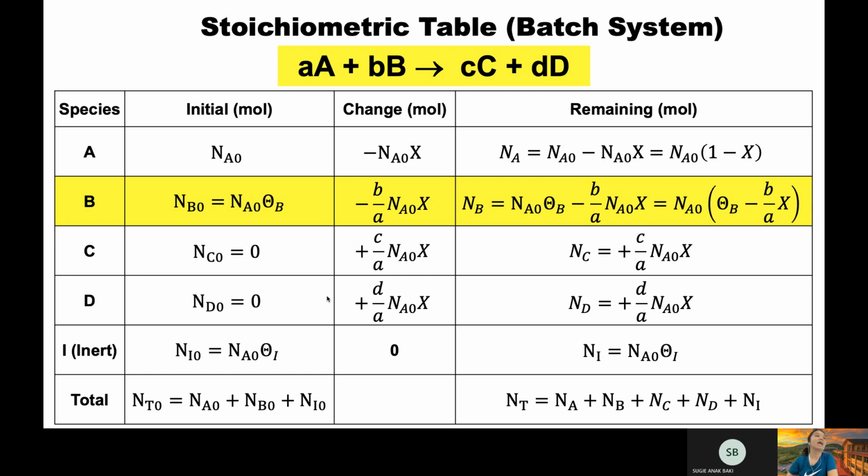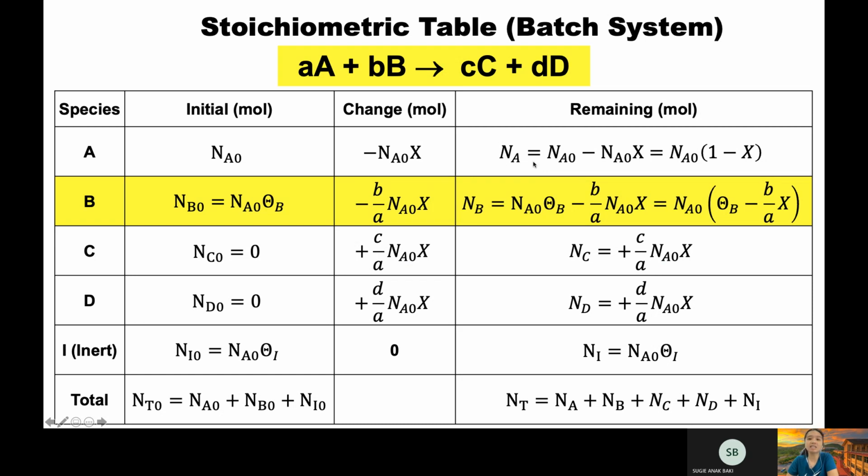So how much NA ataupun berapa banyak A yang tinggal after reaction, NA equals to, okay, kamu tengok formula dia panjang tetapi it's the easiest because you just need to combine initial and change.